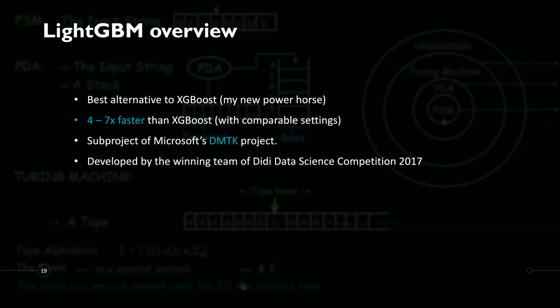It's probably 4 to 7 times faster than XGBoost with comparable settings. I'll explain a little bit about why it's so fast. But here I also include some background. It's Microsoft's DMTK project, and it was developed by the winning team of a data science competition in 2017, if I'm not wrong.